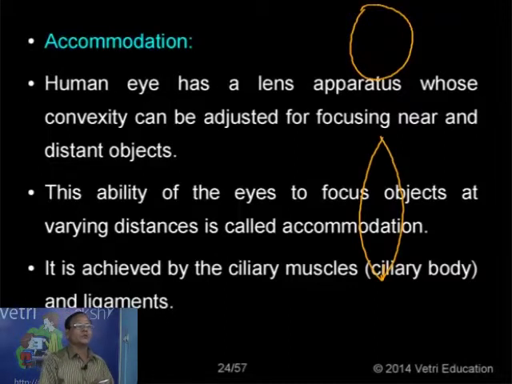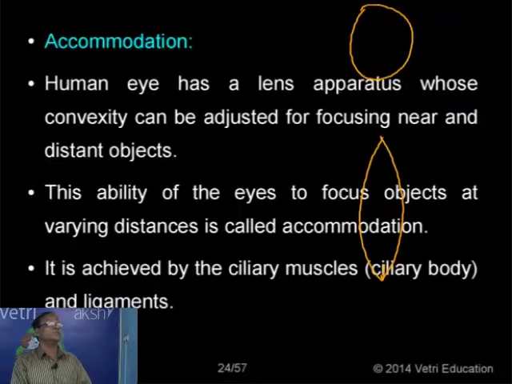This adjustment of the lens according to the distance of the object seen is called accommodation.